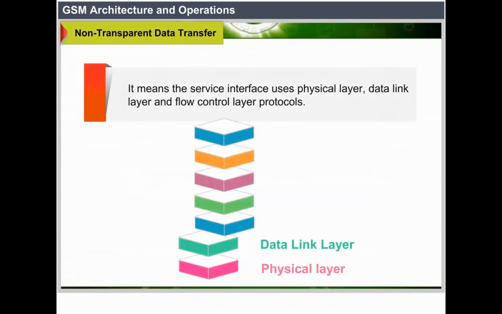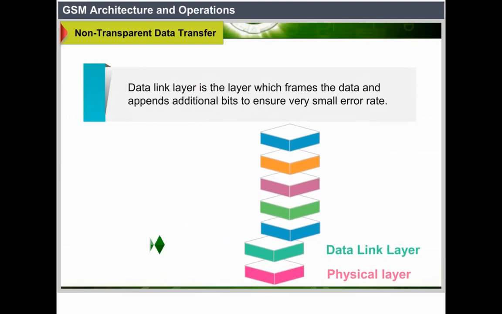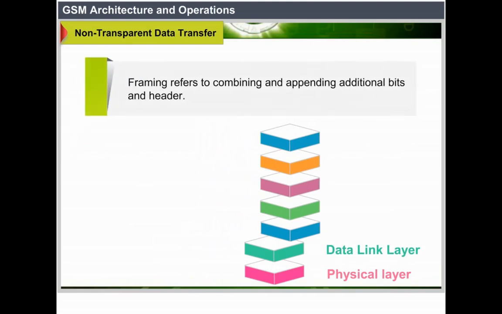Non-transparent means the service interface uses physical layer, data link layer and flow control layer protocols. Data link layer is the layer which frames the data and appends additional bits to ensure very small error rate. Framing refers to combining and appending additional bits and header.